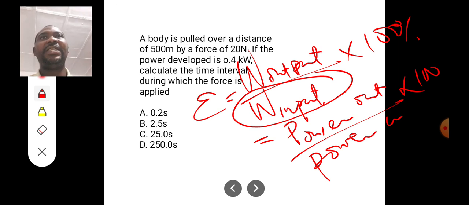Like when they say this generator is a 20 kilowatt generator, that's the power input, because that's the capacity of the machine you are using to do the work. But output means the work that was actually done, which you can get by using any of the formulas that we have given.